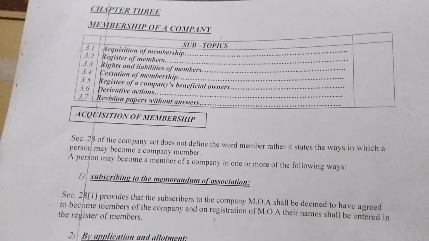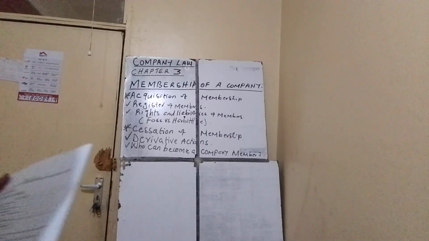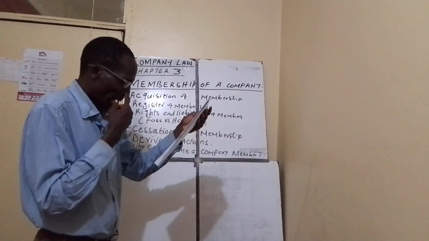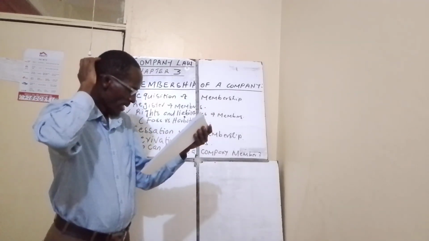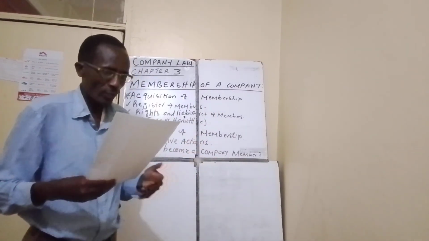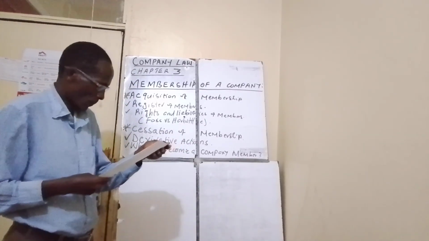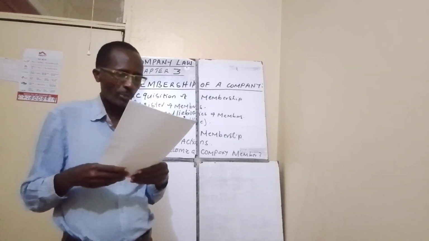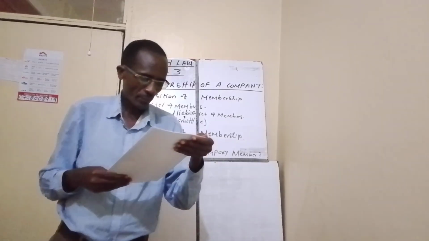Here we have the case of Foss versus Harbottle. That's an important case to understand. So we've gone through acquisition of membership, how to become a member. So we are through with chapter 3. Next time we'll be moving to chapter 4. Chapter 3 was about membership of a company. The most important area is acquisition of membership.